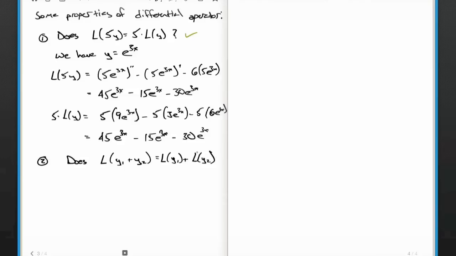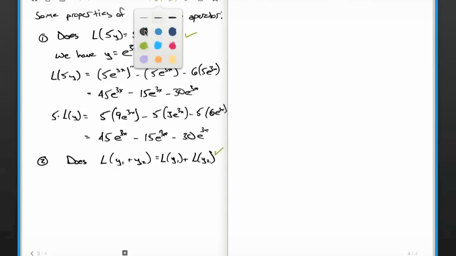Right, now think about when we take derivatives of, say, x squared plus 5x. Well, we just break that up into 2 derivatives. So it's pretty believable that this one works as well. So let's check that one.